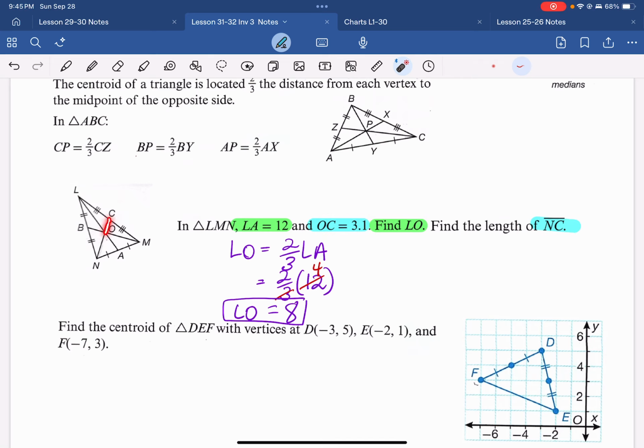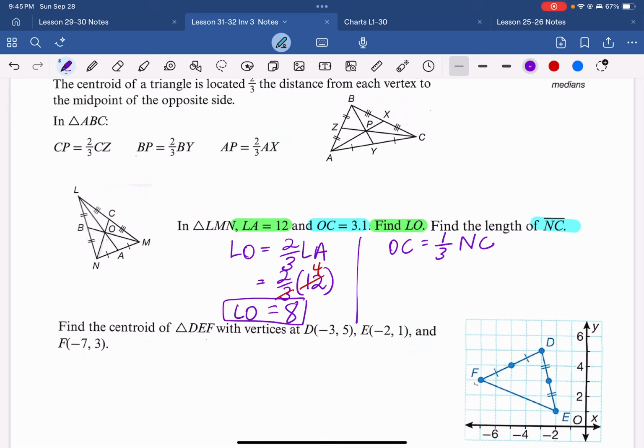All right, now let's use OC to find NC. Well, OC is right here. They gave me the 1/3 instead of the 2/3. So I'm going to write this differently. I'm going to say that OC is 1/3 of the whole thing, right? Because they didn't give me the long side, they gave me the short side.